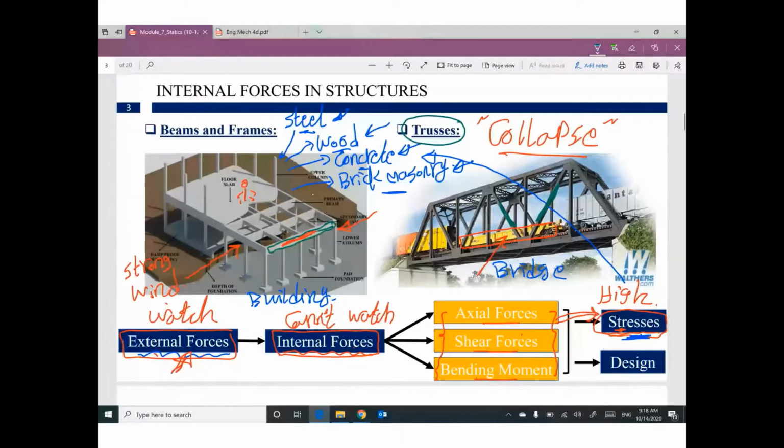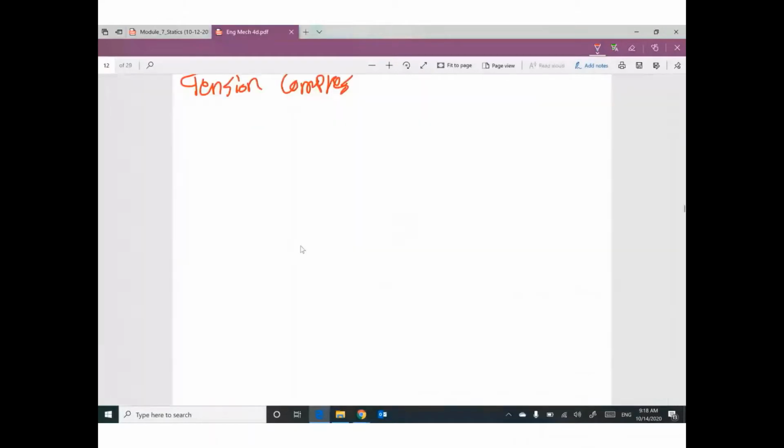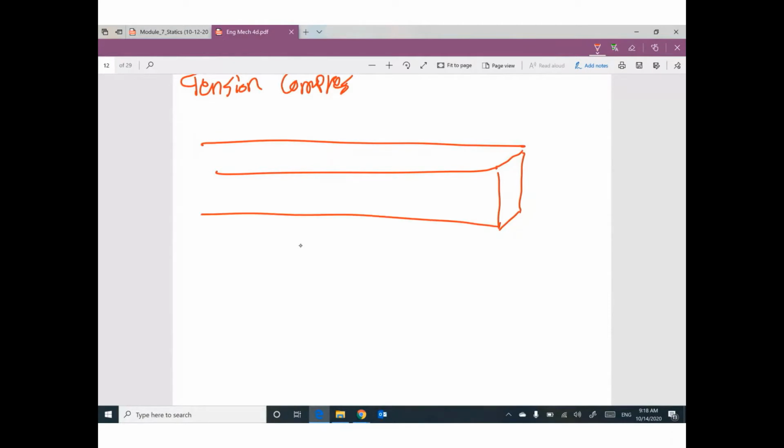This beam in this building is supported here by this column and this column and this column and this column and this column. So the real shape of the beam looks like this. This is the real shape. Sometimes your beam looks like this.